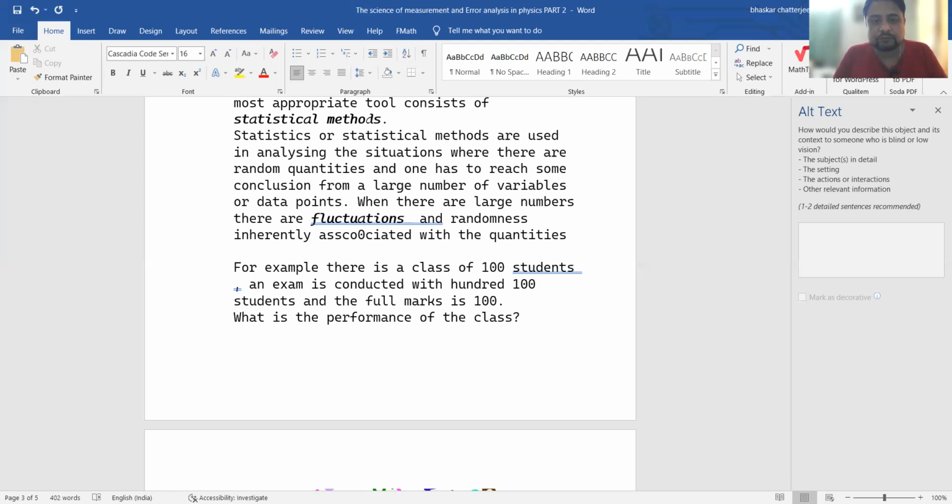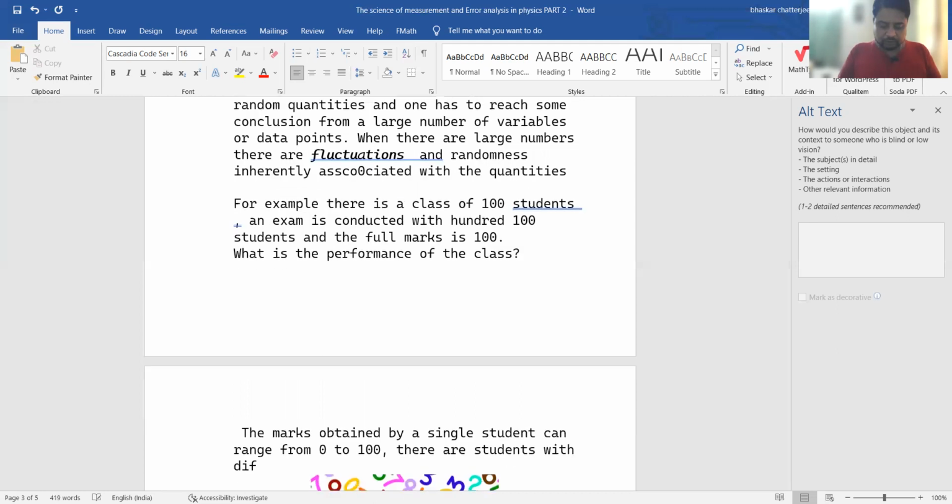So what do we have to do? The marks obtained by a single student can range from 0 to 100. There are students with different marks.